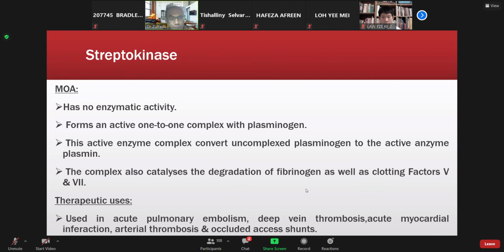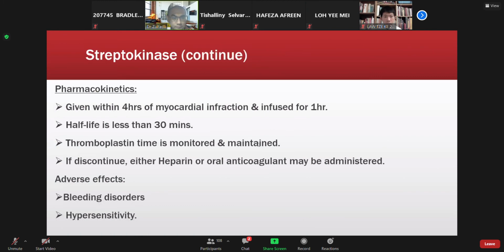The therapeutic use of streptokinase is in acute pulmonary embolism, deep vein thrombosis, and acute myocardial infarction. Streptokinase is given within 4 hours of the myocardial infarction and infused for 1 hour. Adverse effects are bleeding disorder and also hypersensitivity.